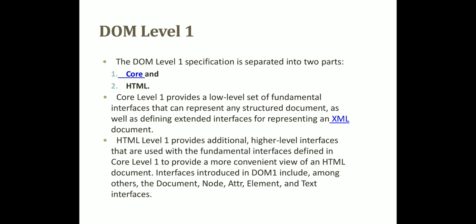It also provides a more convenient view of an HTML document. The interfaces introduced in DOM 1 include document, node, attribute, element and text interfaces. So mainly it is made up of the core and HTML parts.